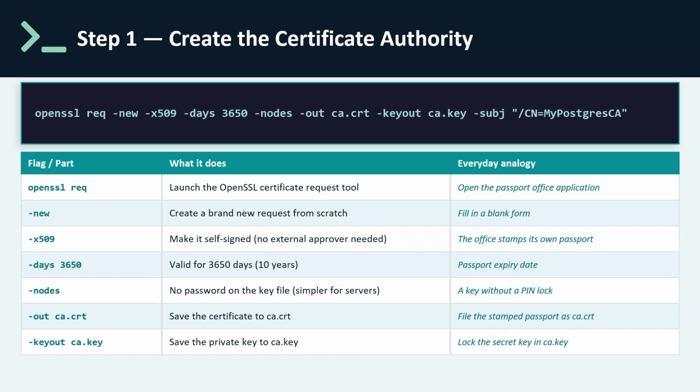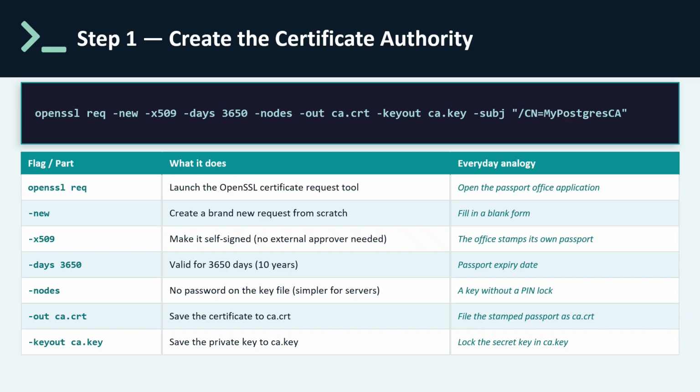So the first command creates something called a certificate authority, or CA. This is your own personal stamp maker that will later approve and sign your server certificate. The command is, as you can see, on the screen. Let's break it down. openssl req opens the OpenSSL request tool. Think of it as opening the passport office application. -new means that it has to start fresh. -x509 means make this a self-signed certificate, meaning the CA approves itself because it is the top authority.